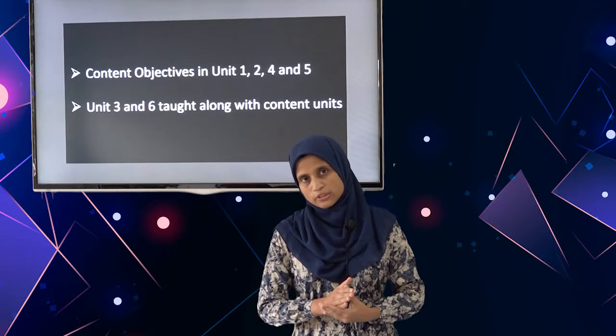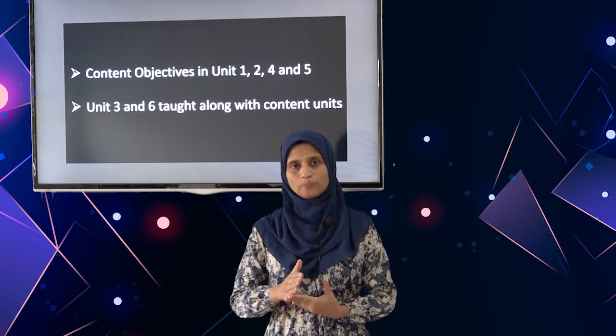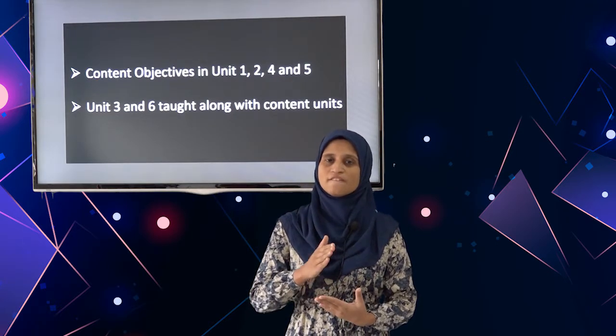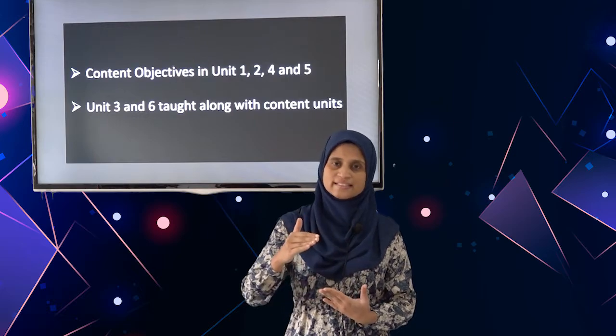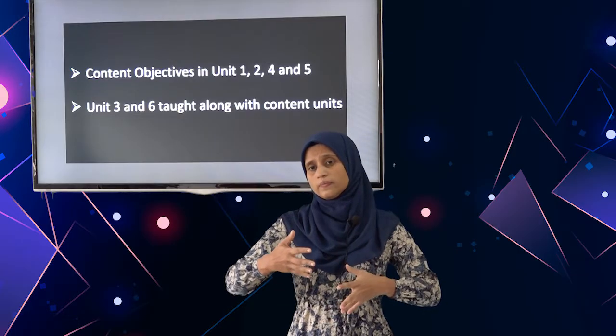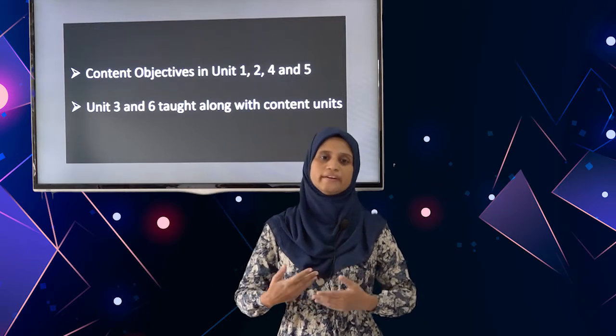It is also important that students note that Unit 1, Unit 2, Unit 4, and Unit 5 are the 4 units which have physics concepts, in the sense that there are objectives of physics written down. However, Unit 3 and Unit 6 are 2 practical papers, or alternative to practical papers, and the content for these 2 papers needs to be revised along with the content units.